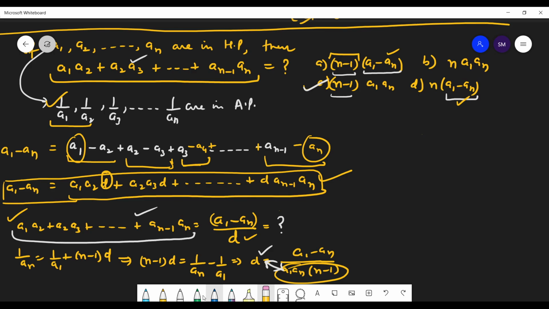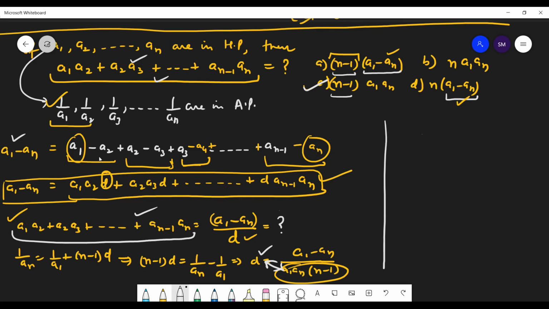Here in this question, this is the answer we need, and that is given to us. What is the value of this? Obviously a1 minus an. So we have started our question with this. a1 minus an can be written like this.